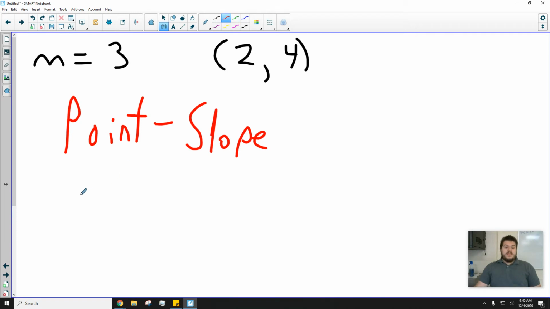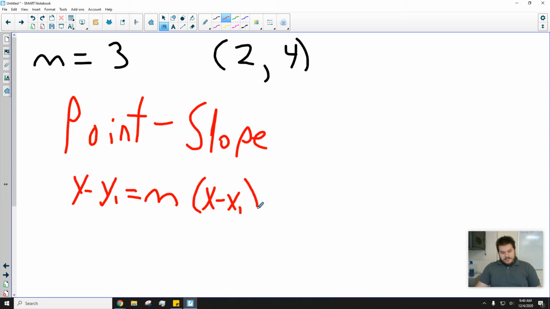Point slope is an equation where we have y minus y1 is equal to m times x minus x1. Now, there's a lot of pieces here, so they might be a little confusing. Things to remember.